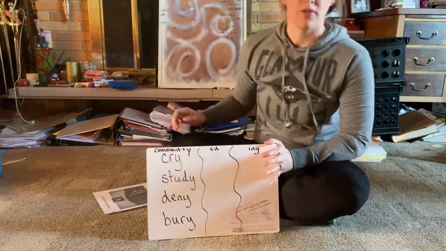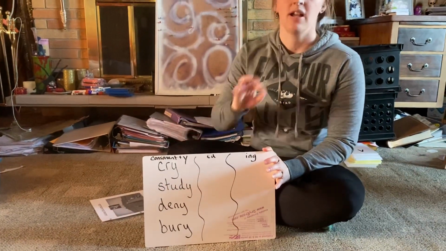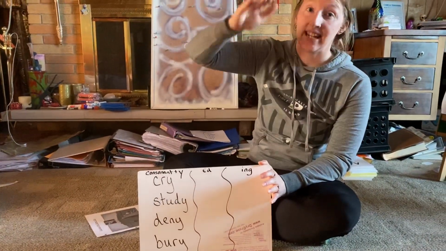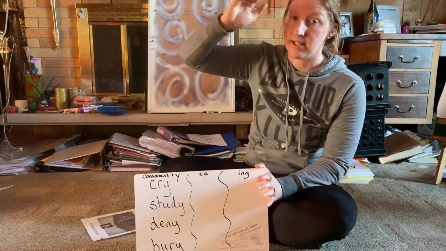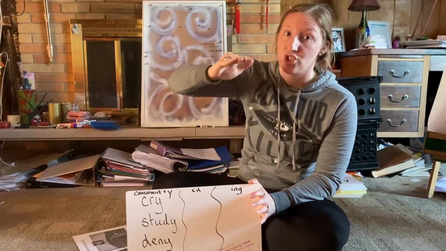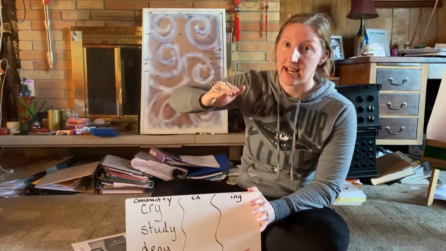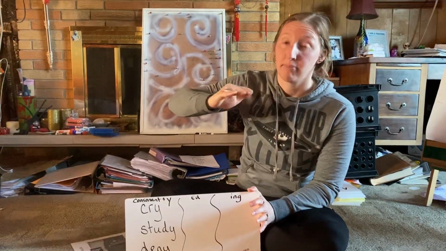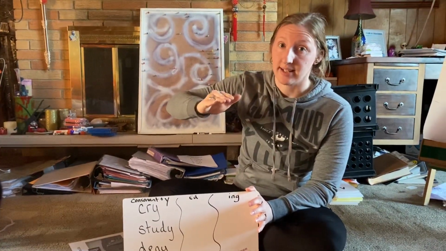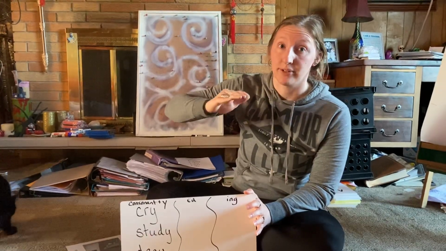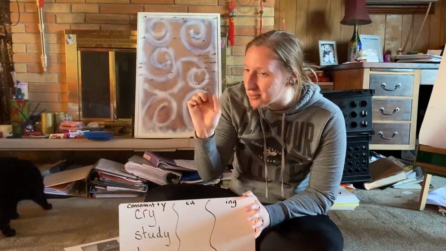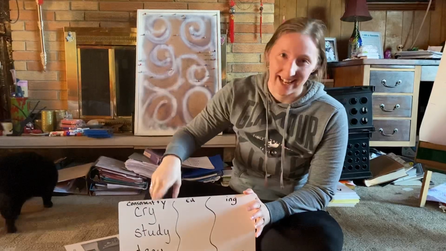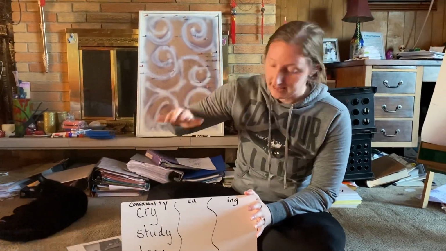Notice that all of those have a consonant in front of it. A consonant is any letter that isn't a vowel. B, C, D, F, G, H, J, K, L, M, N, P, Q, R, S, T, V, W, X, sometimes Y, but not in this case. We probably won't see that, and Z.